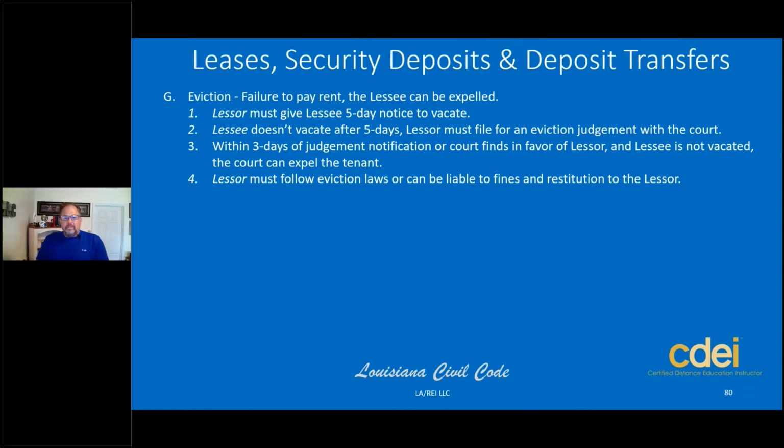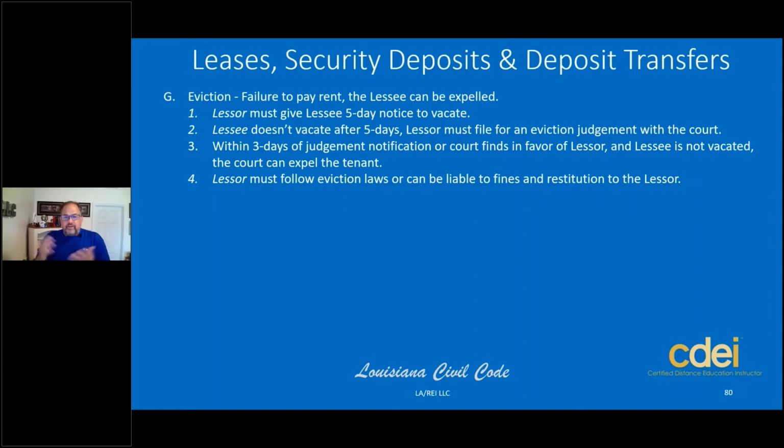Louisiana Civil Code is very, very adamant about the lessor, which is the landlord, following these rules. Otherwise, they could be liable for fines and attorney fees, etc., that they would be responsible for paying the lessee, if they go outside of what the Civil Code law says. So we're going to talk about eviction first.